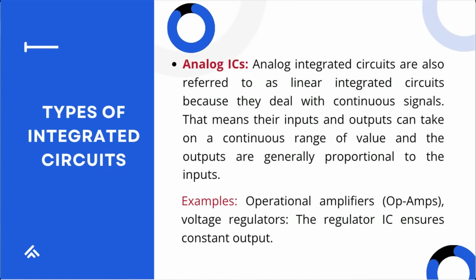That means their inputs and outputs can take on a continuous range of values and the outputs are generally proportional to the inputs. For example, the operational amplifier, that is op-amp, and voltage regulators.